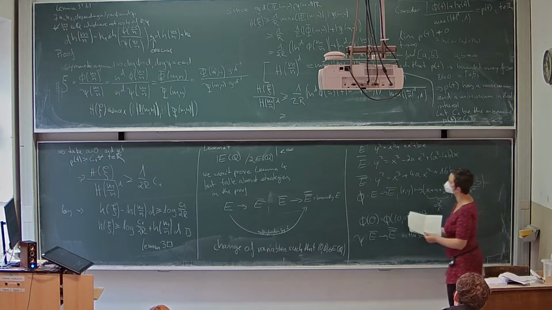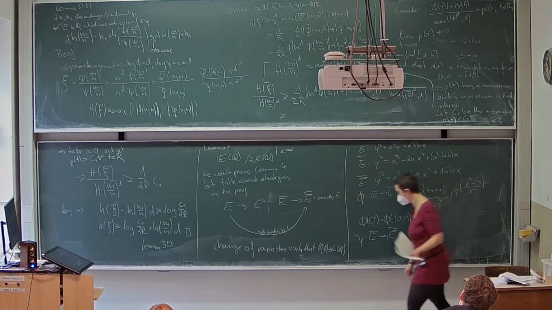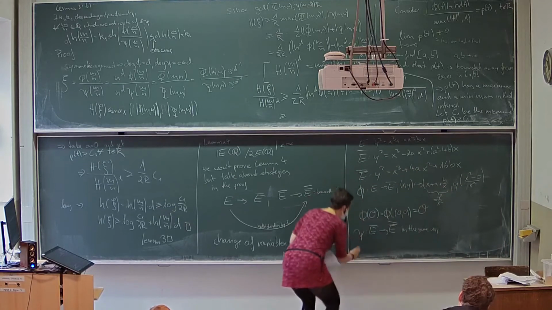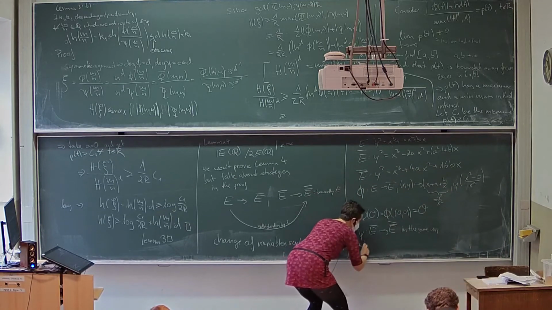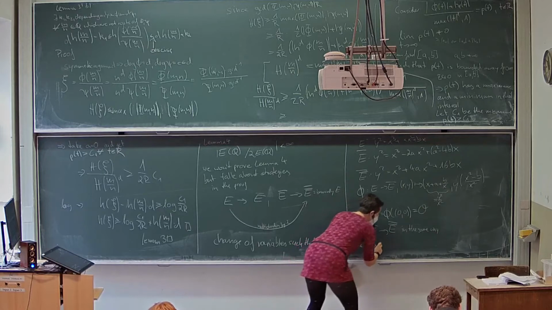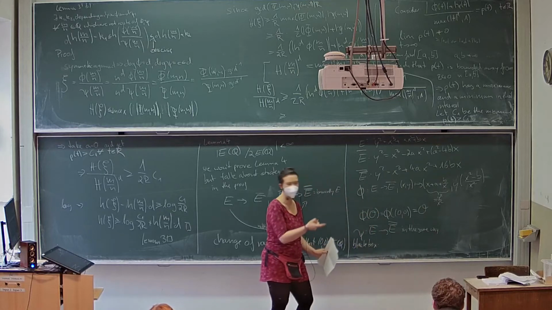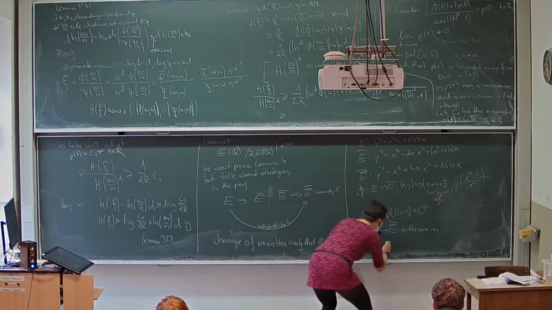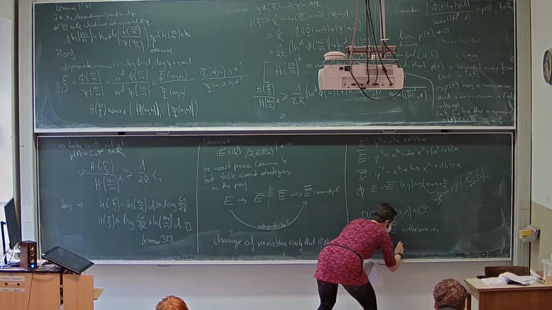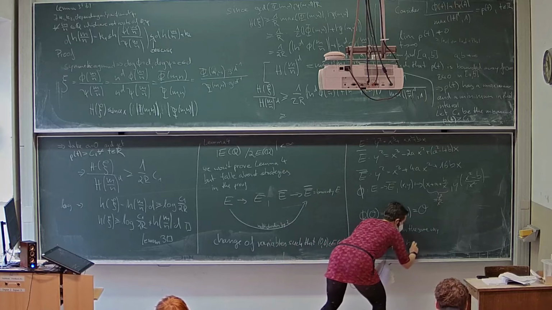Okay, and what we will use as a black box, because it's really technical, and I think even in the book they didn't do everything, is that they are homomorphisms.